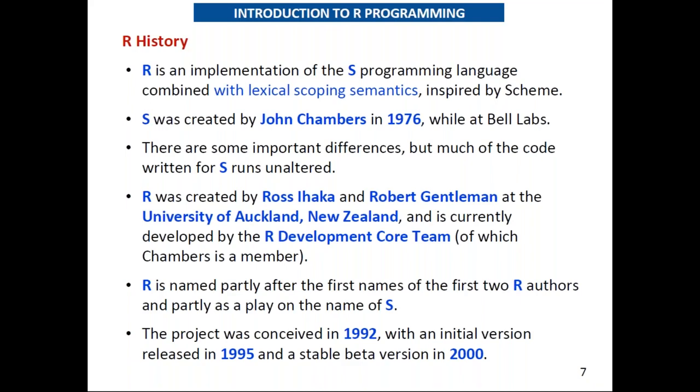R is named partly after the first names of the first two authors, Ross Ihaka and Robert Gentleman, and partly as a play on the name of S. So we don't have an abbreviation of R. It was named with the first starting letter of the two first authors and partly on the name of S. The first project related to R was started in 1992, with an initial version released in 1995 and a stable beta version released in 2000.